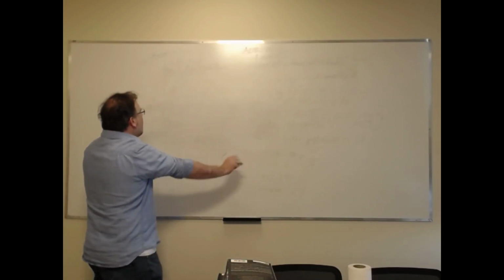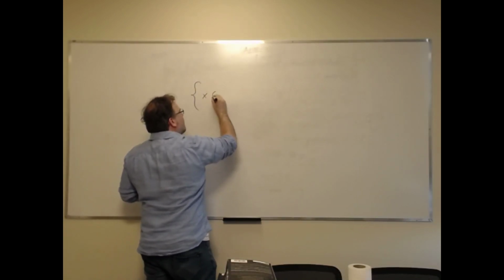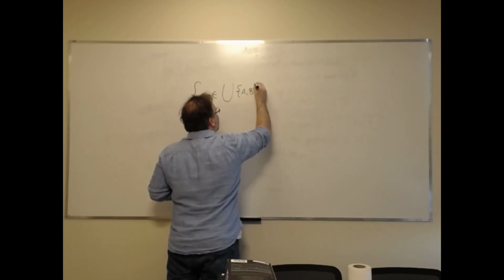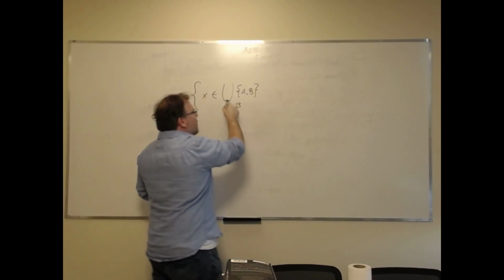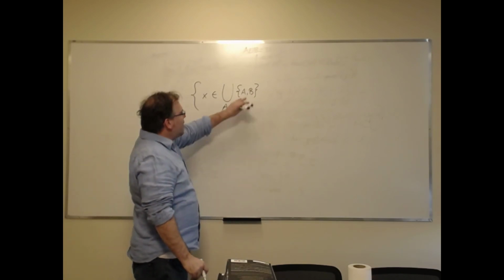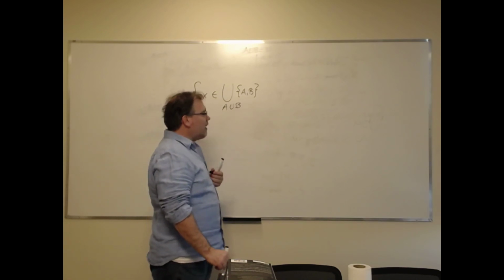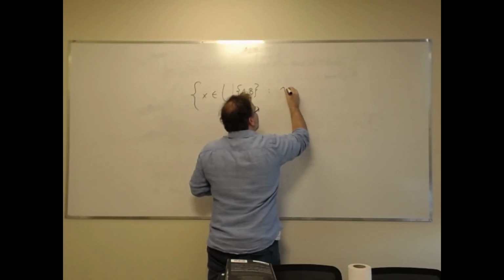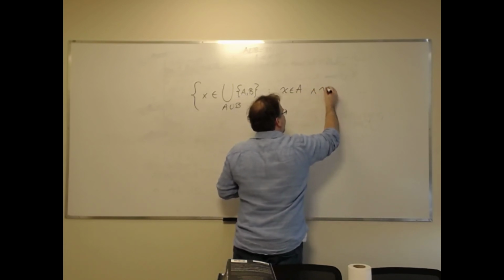Okay, so we're going to want to use separation. We're going to want to talk about the objects that are in the binary union. I could have written A union B here if I wanted, but I'm writing that just to keep reminding you that this is known to exist by virtue of the union axiom. But now we want to restrict ourselves to those things that are in A and in B as well.